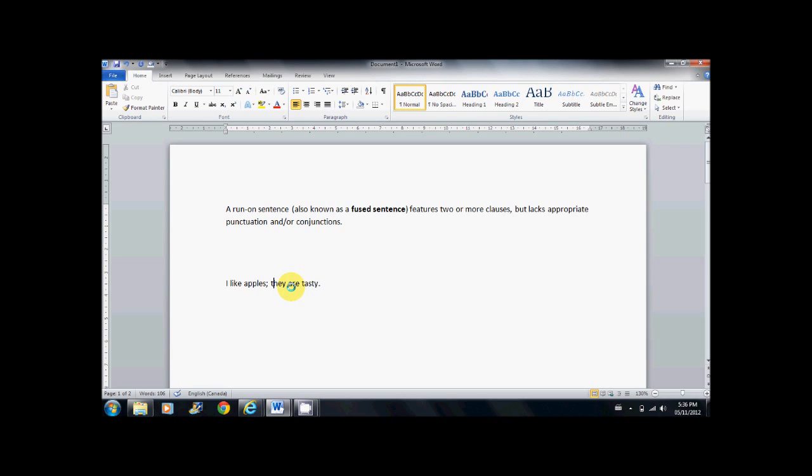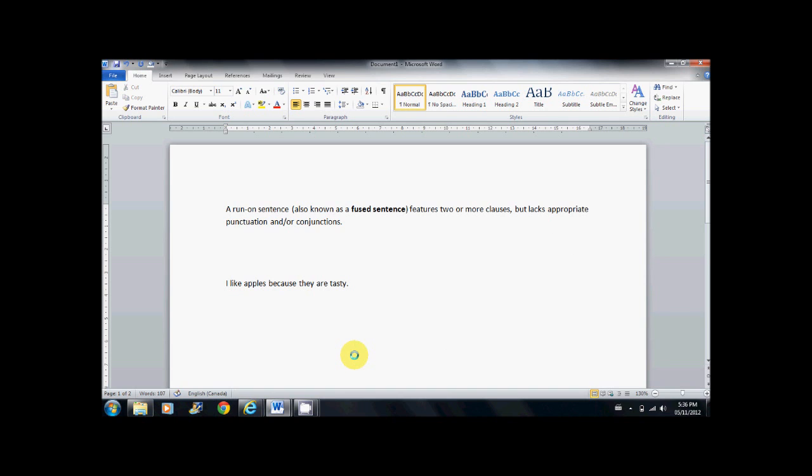We could also forego punctuation entirely and choose a conjunction, a connecting word that shows the relationship between these two clauses. So, "I like apples because they are tasty." Those examples that we looked at with the period in between these two clauses, or this example as it stands now, are both fine sentences, and they are no longer fused sentences.